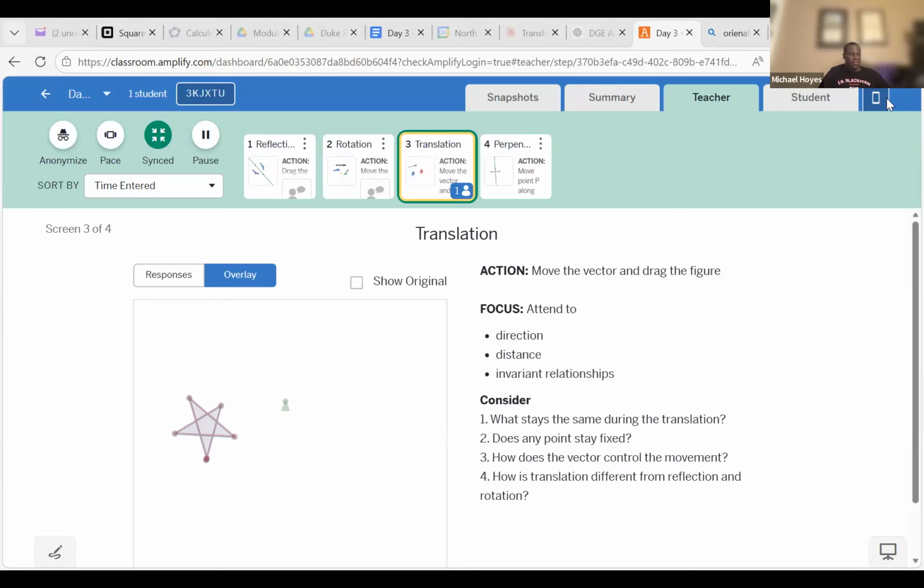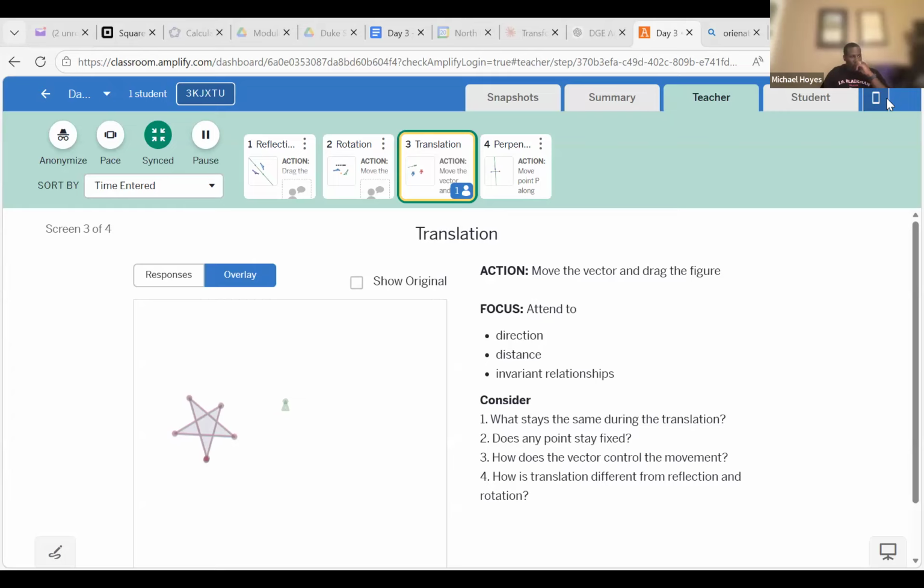And how does that vector control the movement? What is it doing? It's just applying it to each point on the figure. The vector is applied to that point to create a new point. It's almost like all these can be represented with a function.